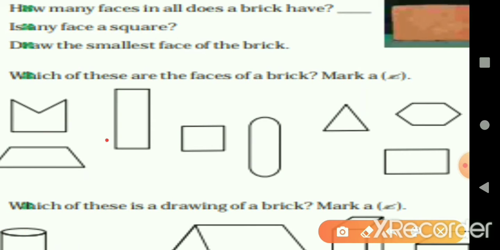Yes, third number, very good. Then fourth number is also right, and the last number. So there are three faces of a brick given in these following faces.